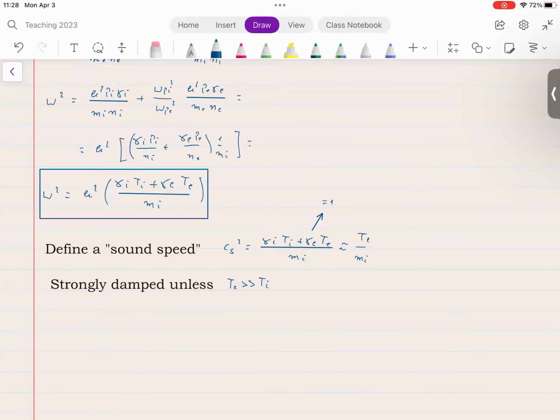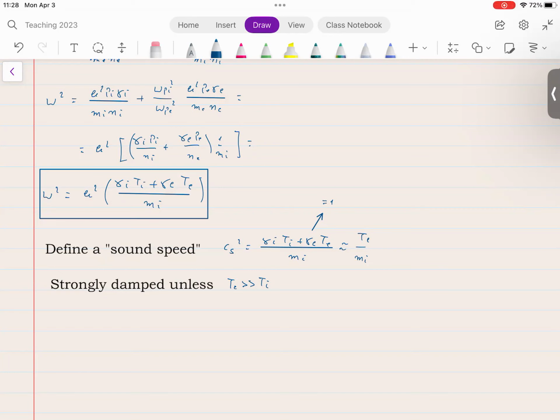And that's the real reason why these are typically written with the electron temperature. If the electron temperature is not much larger than the ion temperature, these waves don't really matter because they die away very quickly.